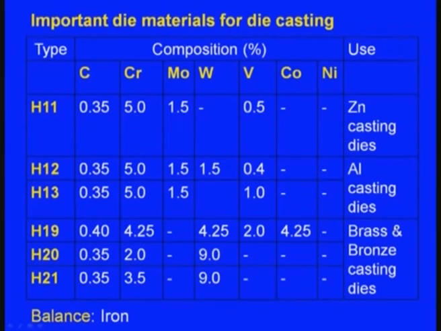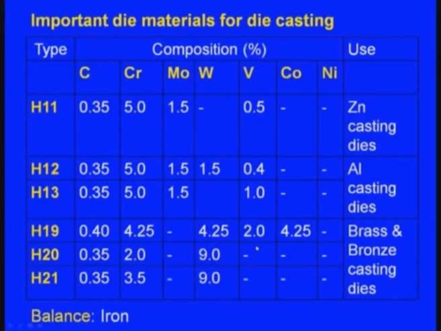This is used for making aluminum casting dies, that is, when we have to make aluminum castings, the dies are made of H12 steel. Next, H13 steel: carbon content 0.35, chromium 5%, molybdenum 1.5%, vanadium 1%, and this steel is also used for making aluminum castings.